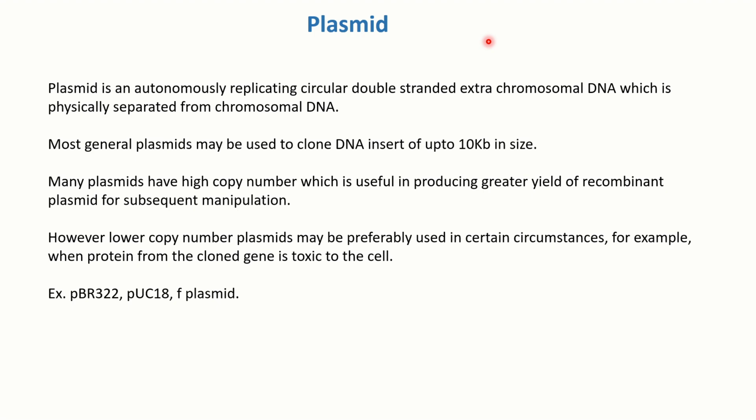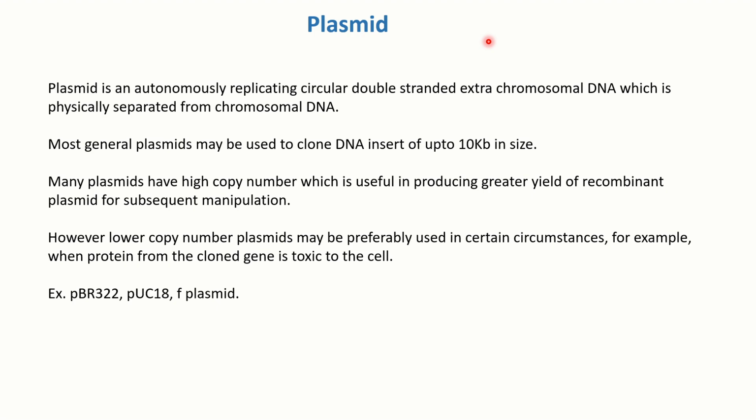High copy number plasmids are used when you need to amplify your gene of interest, or you need many copies of your gene of interest. On the other hand, low copy number plasmids are used when you need to express your gene of interest, or you need proteins from your gene of interest.